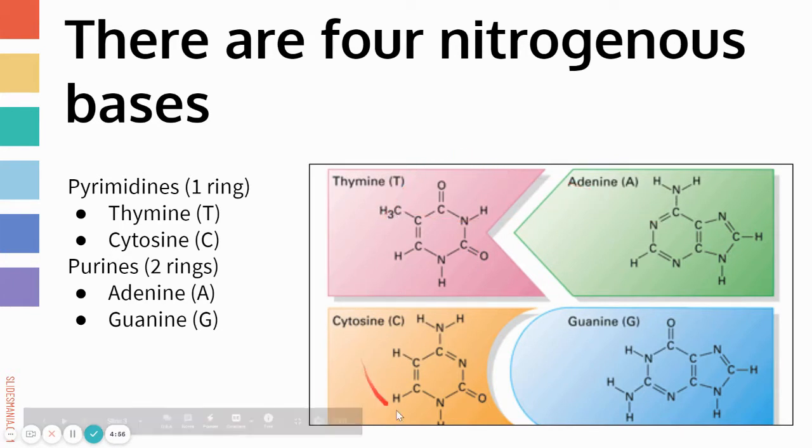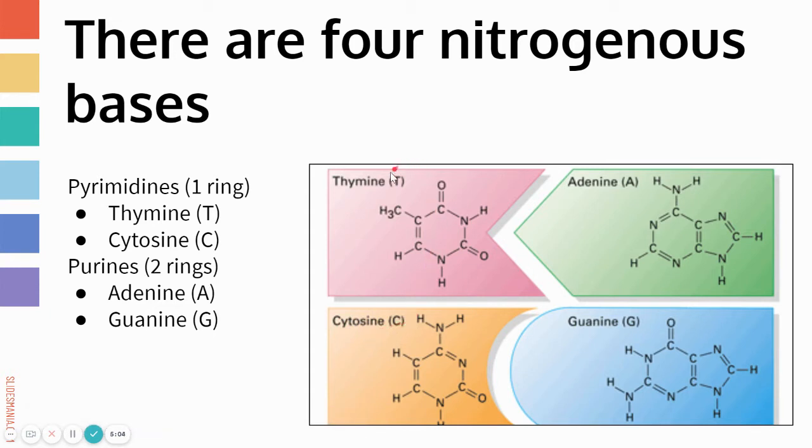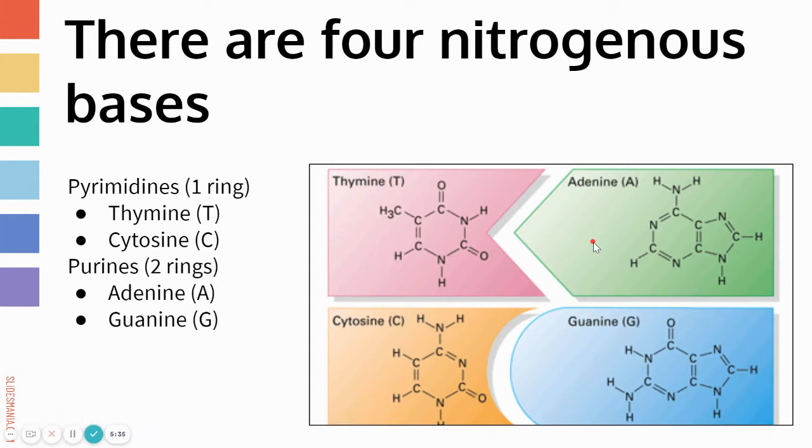The kind that are made up of only one ring are called pyrimidines, and those include thymine and cytosine. For nitrogenous bases and nucleotides, we almost always refer to them with the letter. So thymine will be referred to as a T, and cytosine will be referred to as a C. And then the larger ring structures that are made of two rings are called purines instead. And those are adenine, or A, and guanine, or G. So these are the 4 bases that we have as our options to slide into a nucleotide.